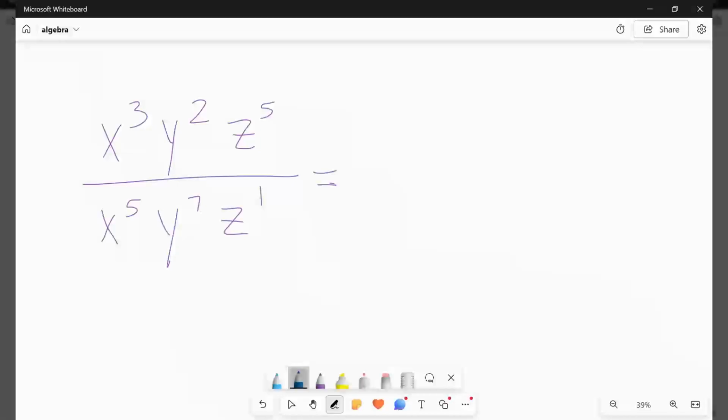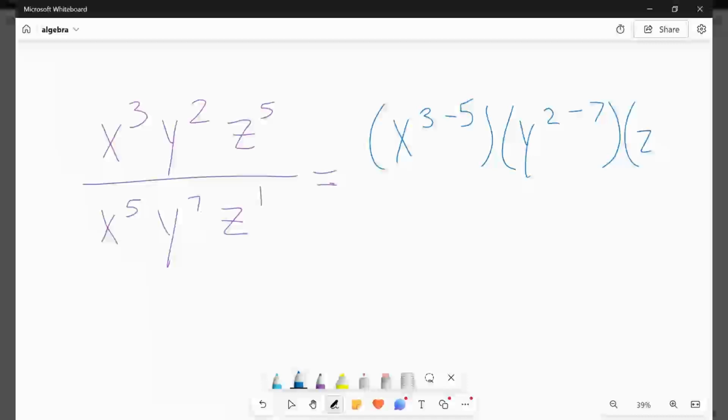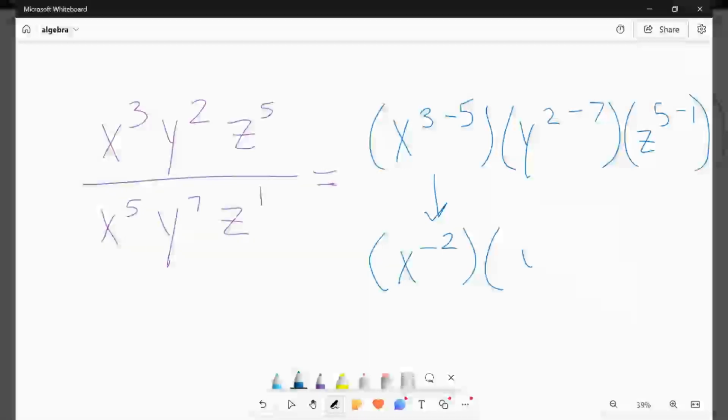We have x to the 3 minus 5, and I'm just going to write it this way to make it very clear how I got my answer. y to the 2 minus 7 and z to the 5 minus 1. Okay, this is going to give us x to the negative 2 power, y to the negative 5 power, and z to the 4th power.